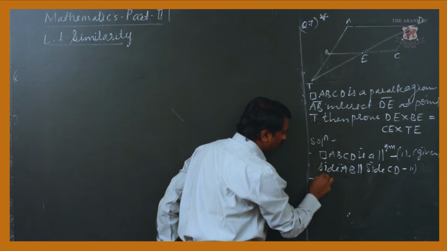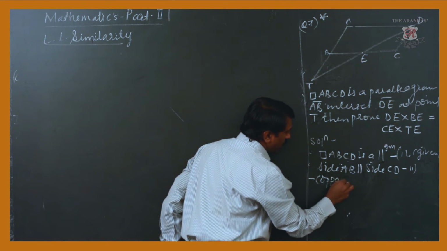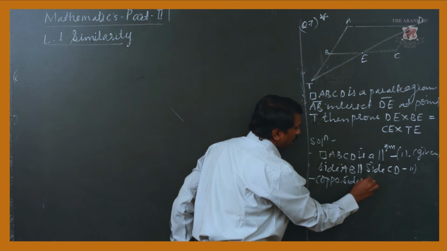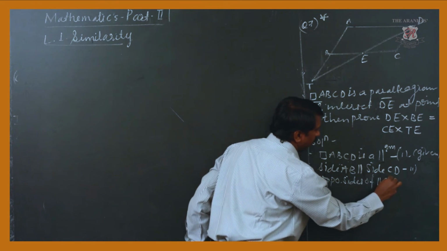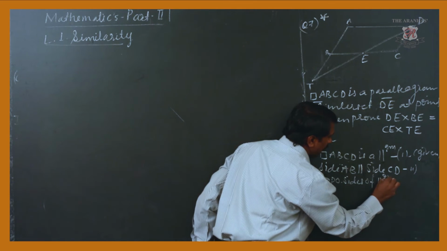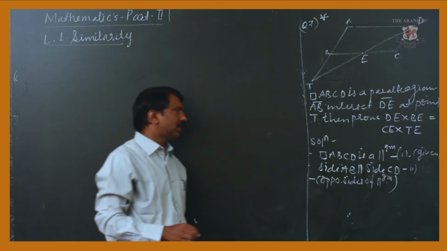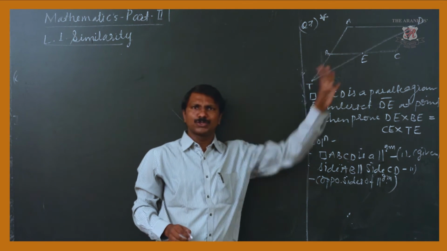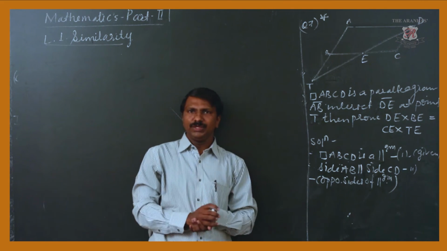And the reason we'll write is that these are the opposite sides of a parallelogram. The opposite sides of a parallelogram are parallel and also congruent, that concept we use.